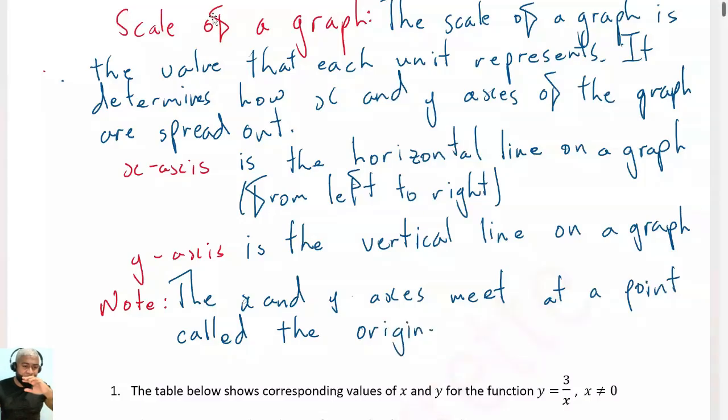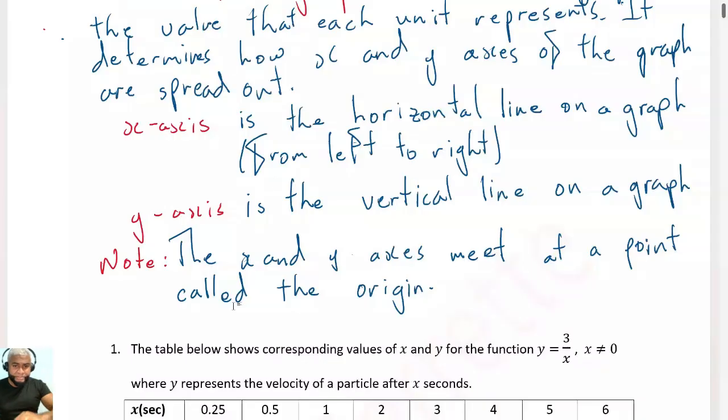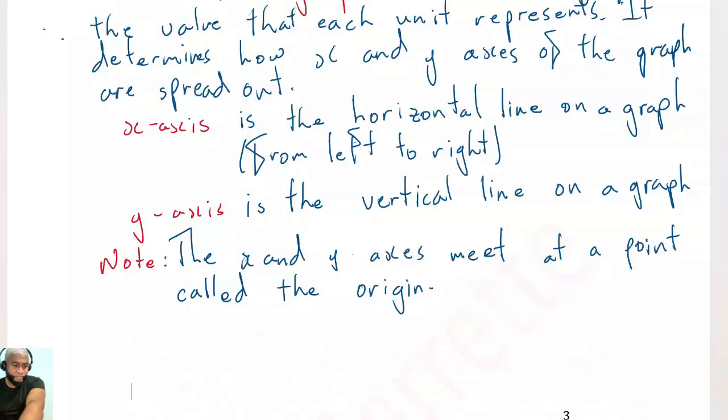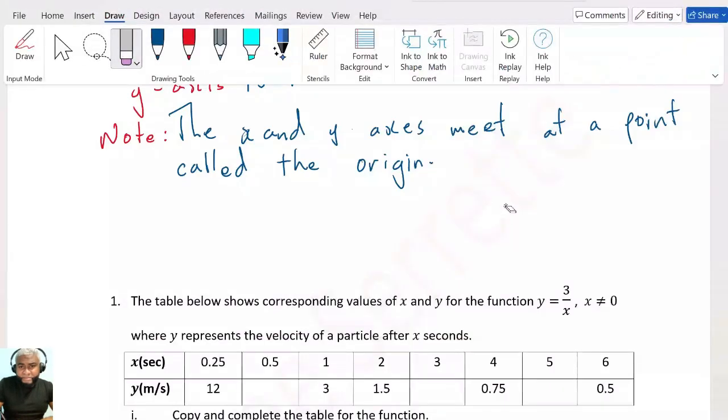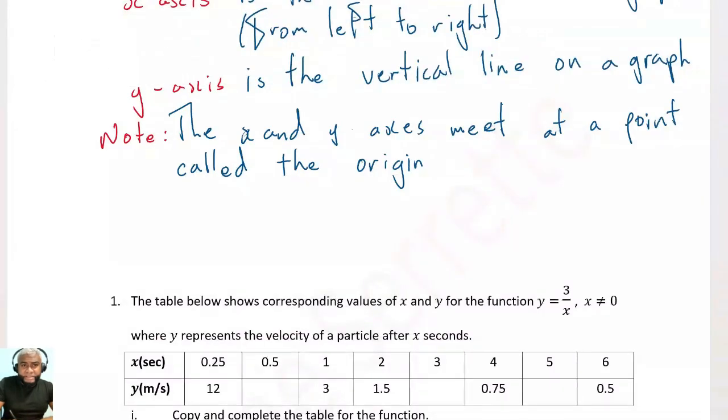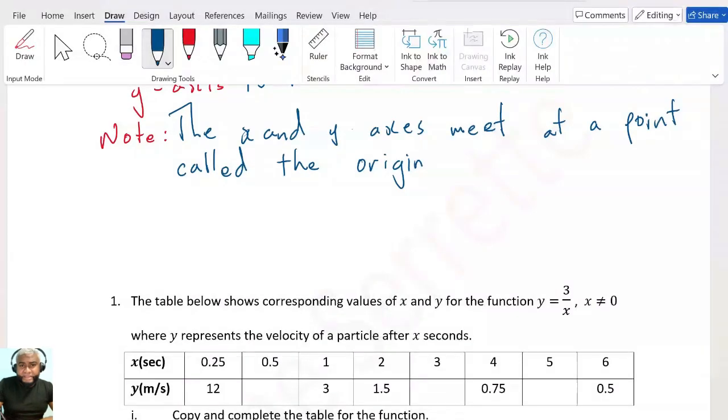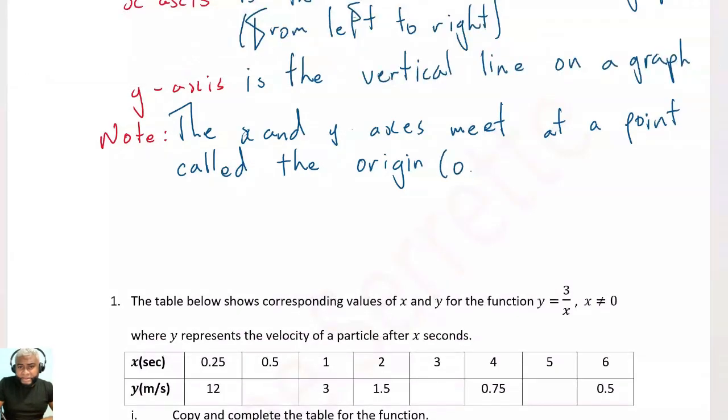They meet at a point called the origin. Right? This origin has the coordinates. All right, so let me put with coordinates the origin. Let's put it in brackets, yes? So the origin is actually 0 on your x and 0 on your y-axis, right? 0 on the x, 0 on the y. Okay?